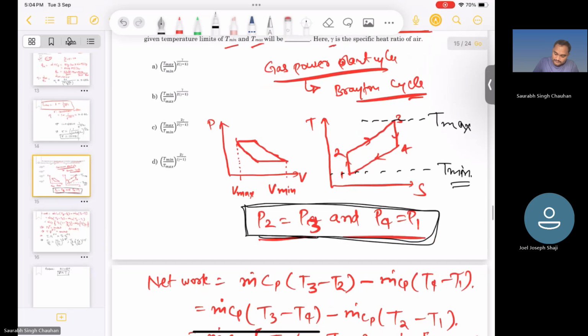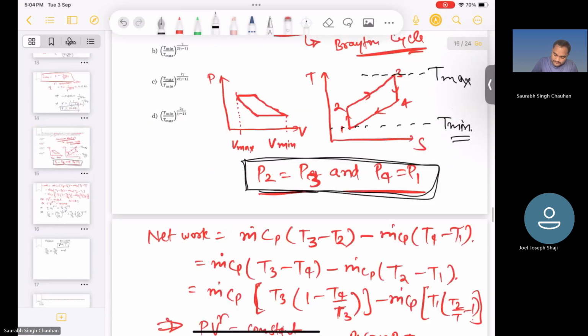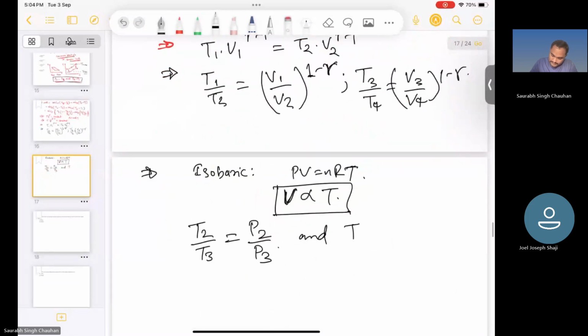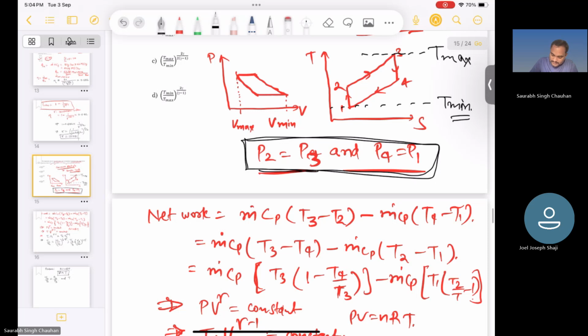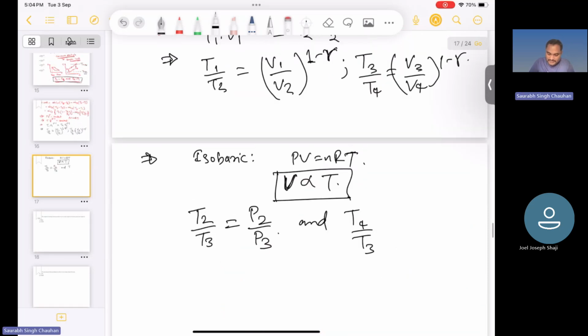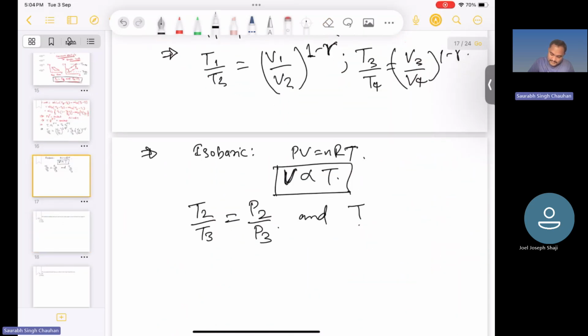So V2 by T2 is equal to V3 by T3, and T3 by T4 is equal to V3 by V4.